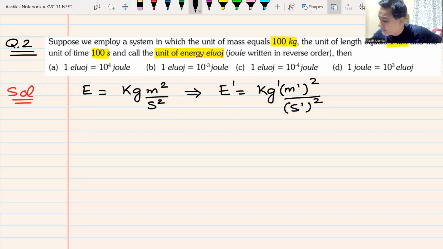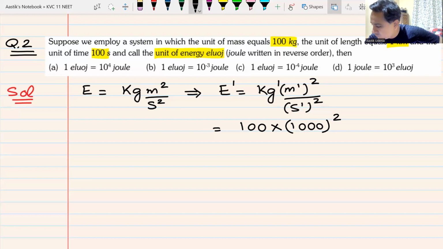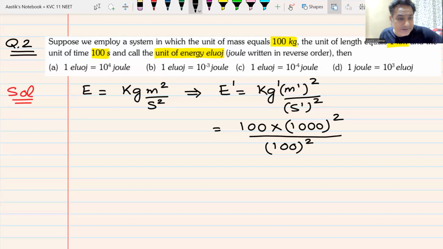Now I just put the values here. New kg dash is 100 times of kg, so 100 multiplied by new meter dash is 1 kilometer. 1 kilometer is 1000 meters, so 1000 square divided by new second dash is 100 times of second, so 100 square. This is a very simple calculation.